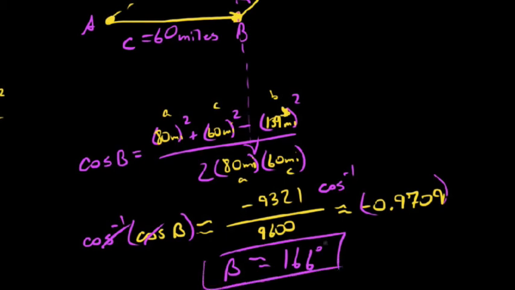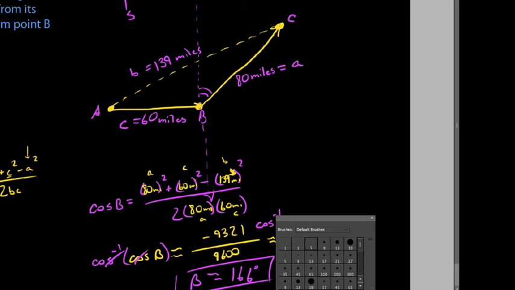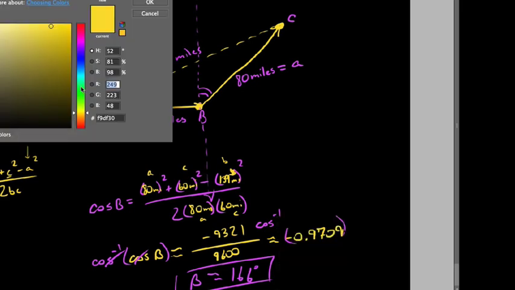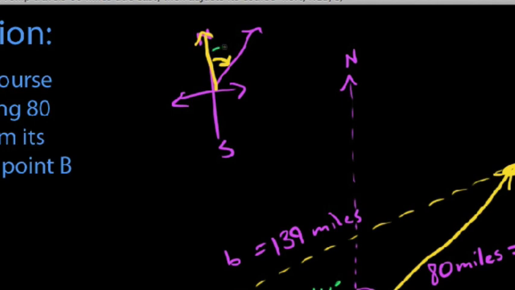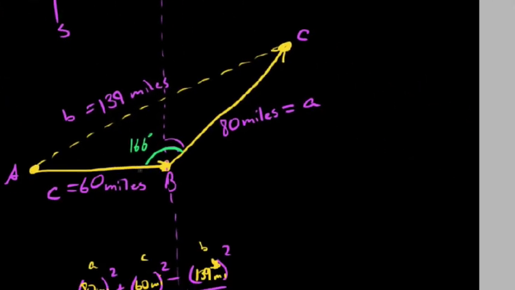So now looking at our triangle up top here, maybe we switch our colors. There we go, I like a green. It's about 166 degrees here. Recall that all we needed was the bearing, so that's like north so many degrees this way. What we'll do is take this big fat right angle here and cut it off our 166.